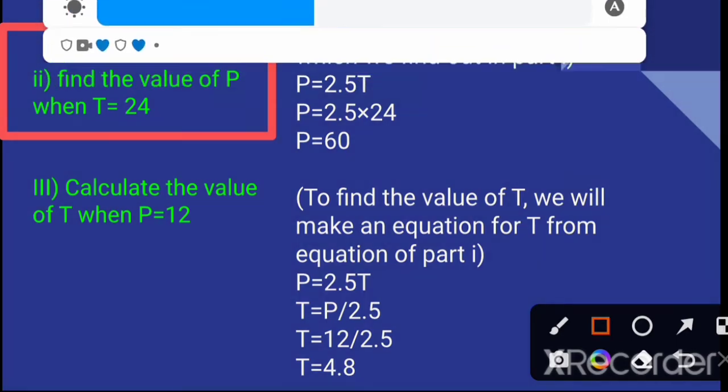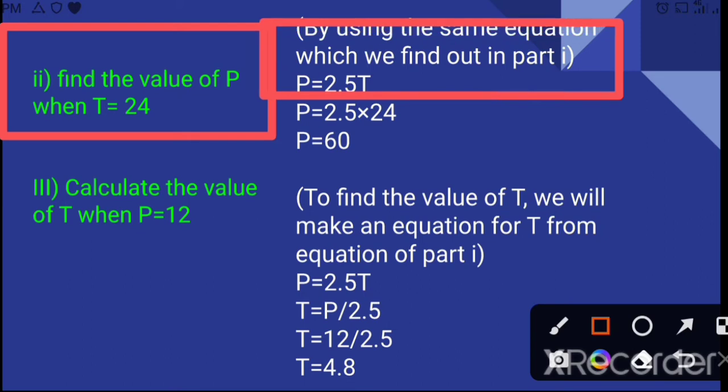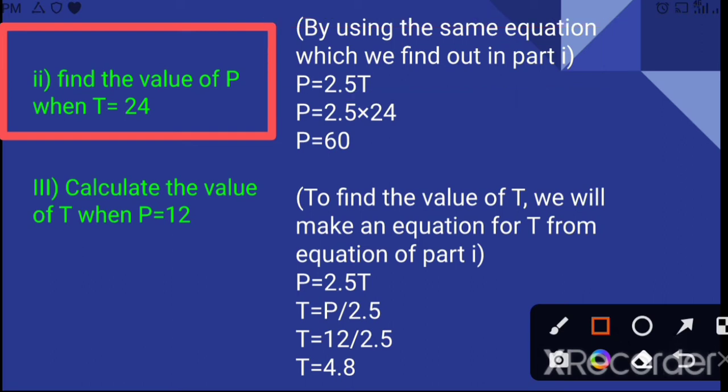By using the same equation which we have already found in part 1, P is equal to 2.5, and by putting the value of T, we will get P is equal to 2.5 into 24. By multiplying 2.5 with 24, the value of P which we find here is 60.